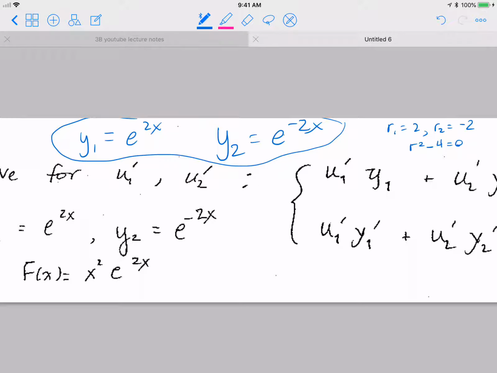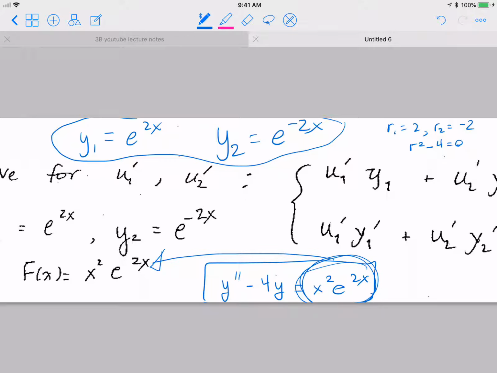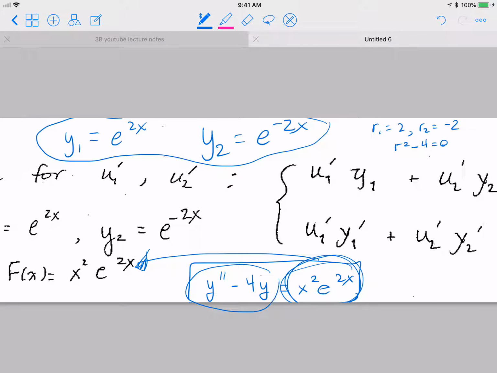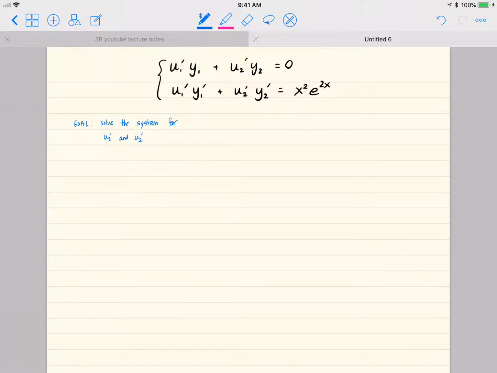So you can actually work backwards, because I know that if your y1 and y2 look like this, then you had two real roots, right? So let's look at the system.